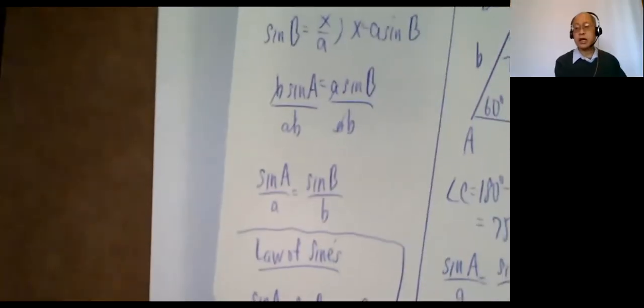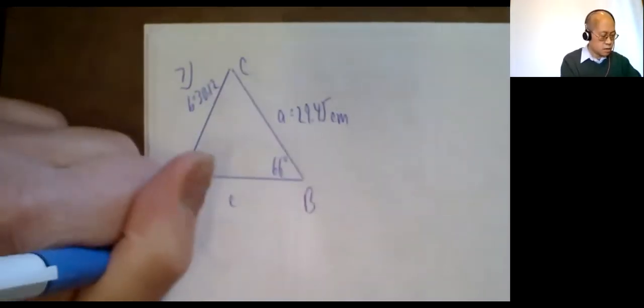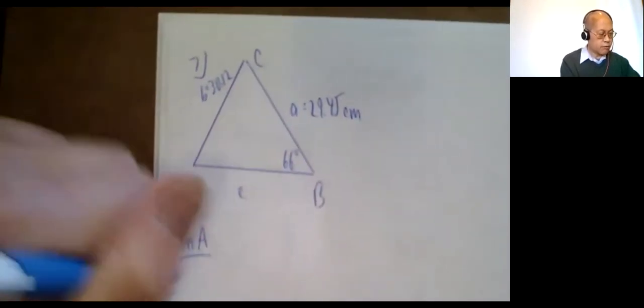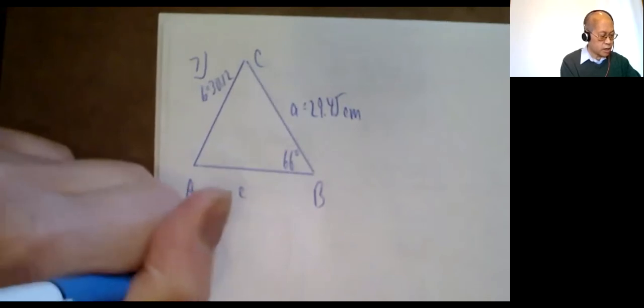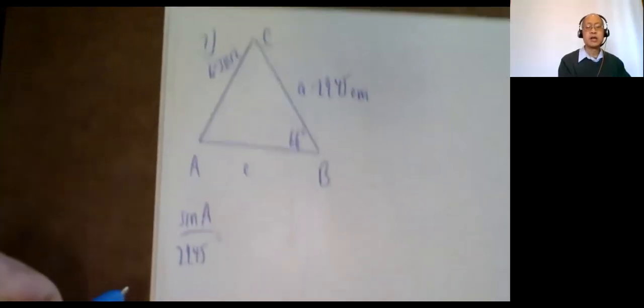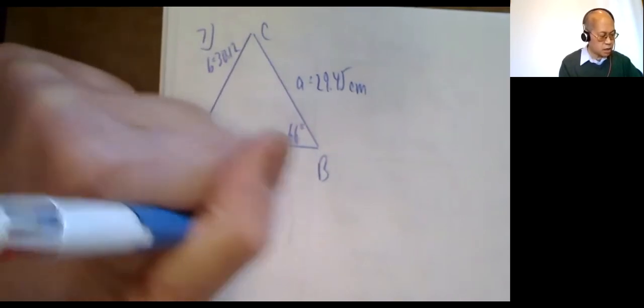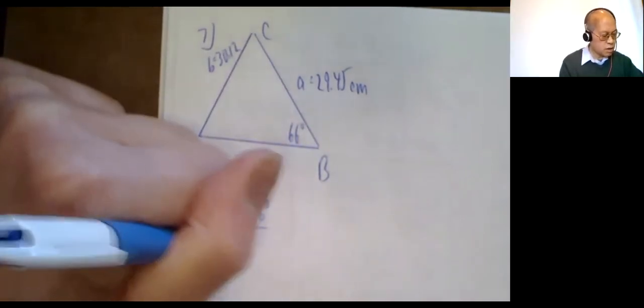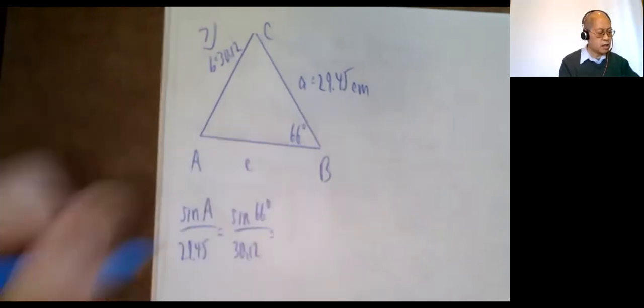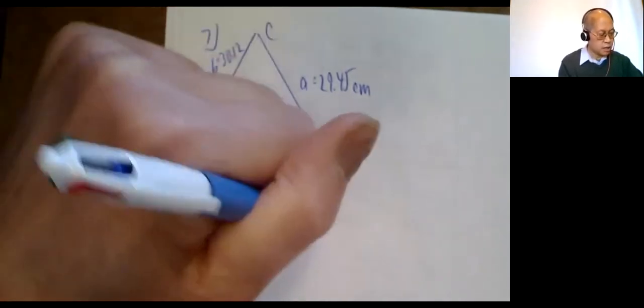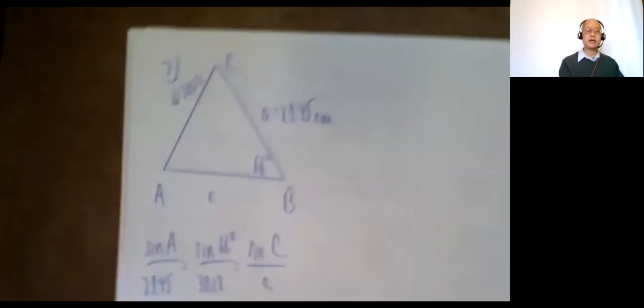All right, so sine A over a, sine B over b, sine C over c. Sine A over little a, 29.45. Sine B over b, sine 66 over 30.12 equals sine C over little c.